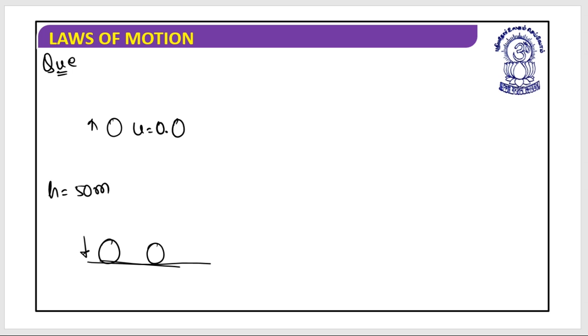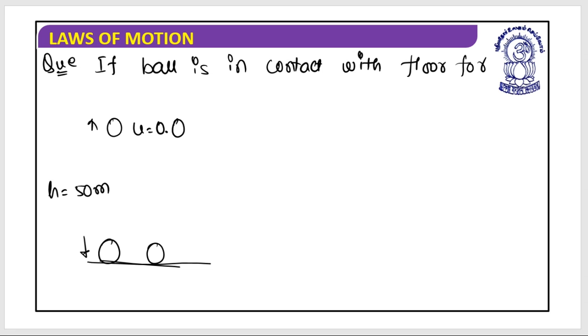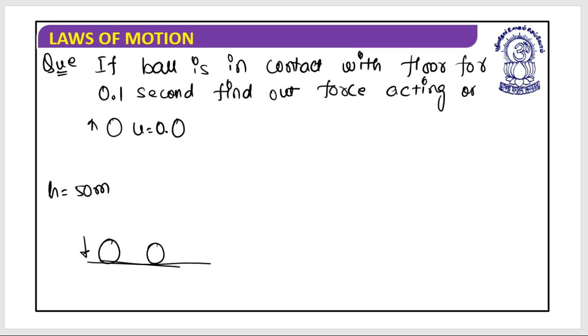If the ball is in contact with the floor for 0.1 second, find out the force acting on the floor.